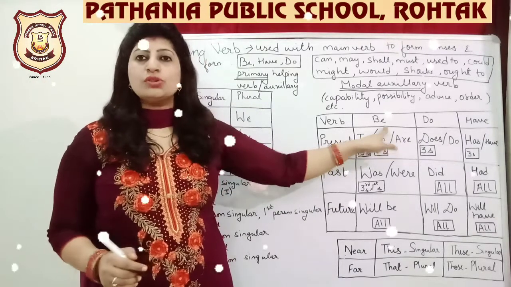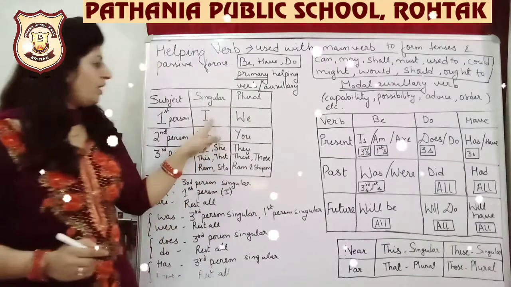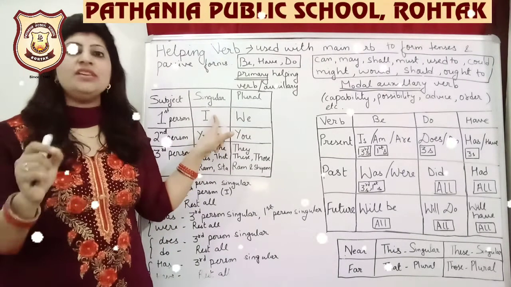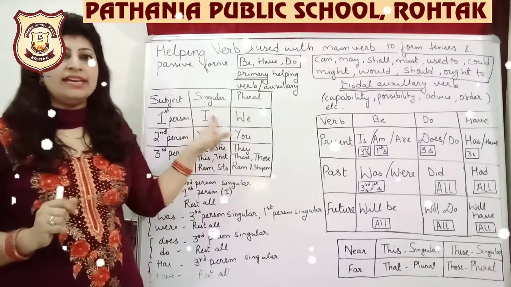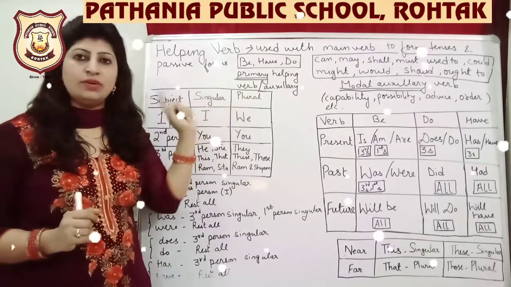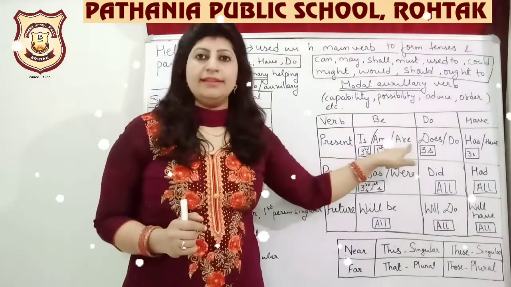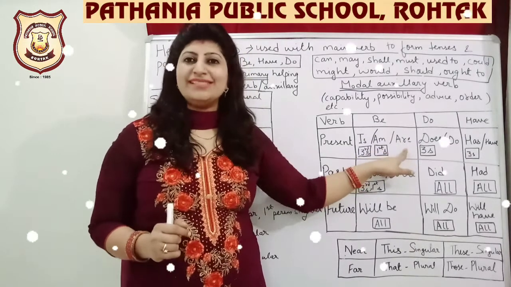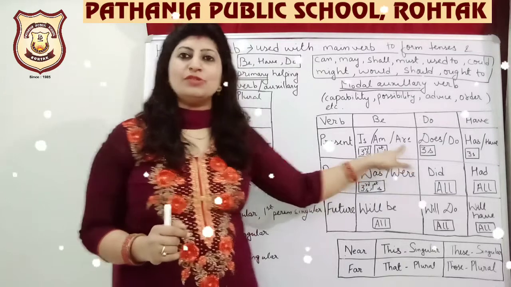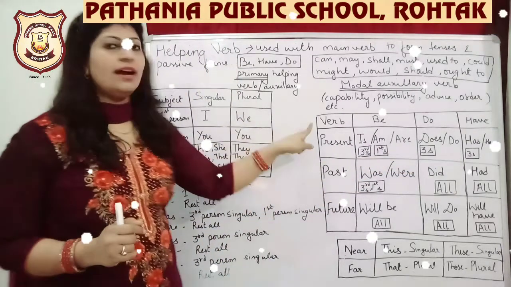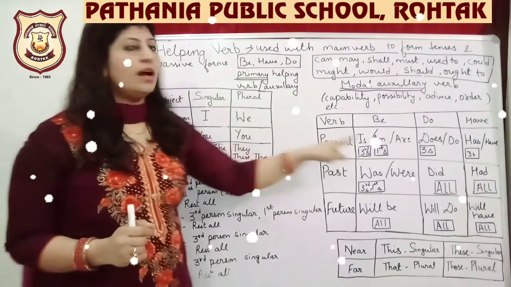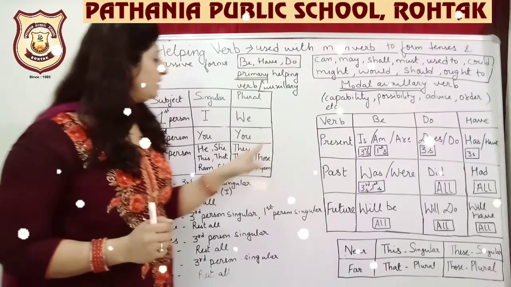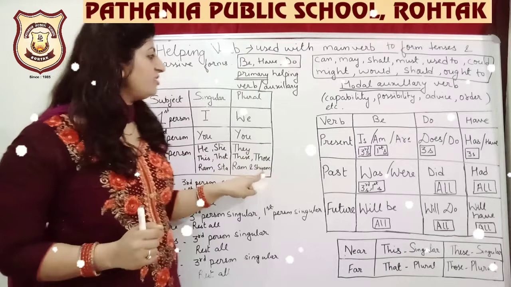Next, am. Am is used only and only with first person singular. That is very easy. Am we use only with I, and I is first person singular. Now, are. I have not written anything for you. So what does that mean? That are can be used for we are, you are, they are, these are, those are, Ram and Sham are.